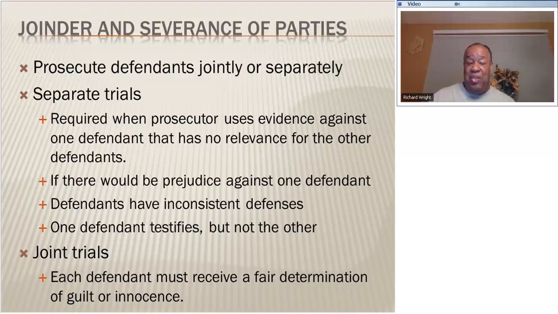And if my client's not going to testify, and I make that clear up front in a motion, then I could file and have a separate trial in that instance. Joint trials involve each defendant receiving a fair determination of guilt or innocence, with their defenses all being consistent, or all either going to testify or not testify.